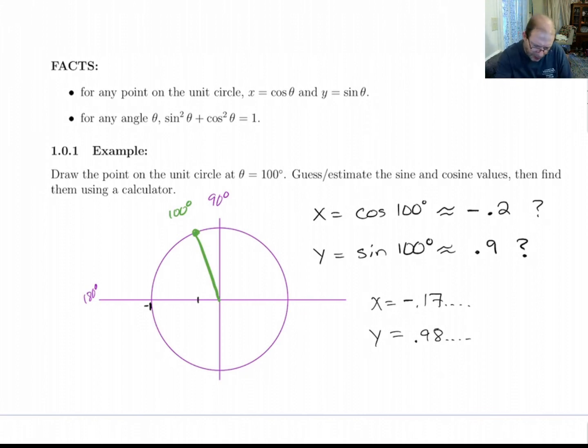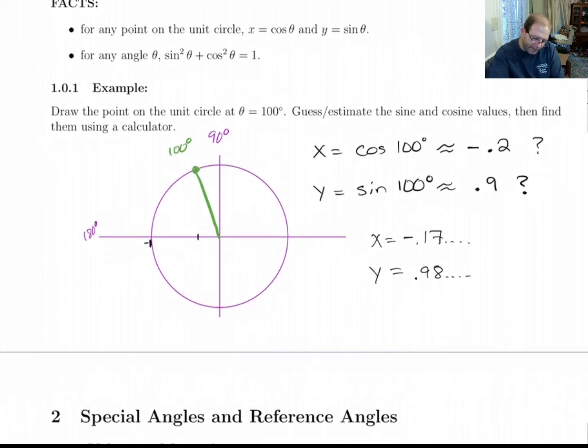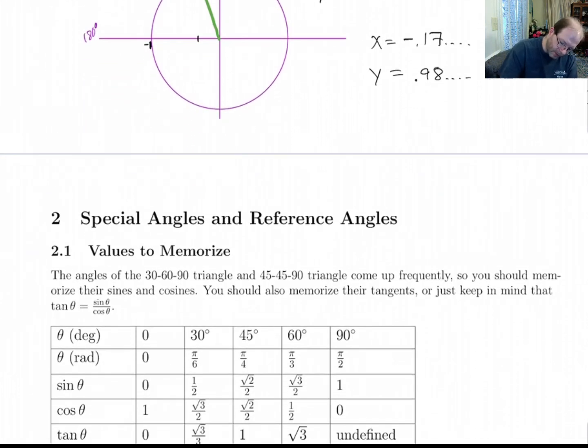So I guess my logic was good, even if my estimates were off. You know, we knew x had to be negative and small-ish, and y had to be positive and close to 1, but not quite.